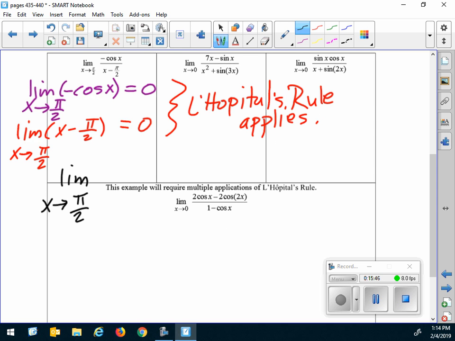Let's go. What's the derivative of that numerator? Positive sine x divided by 1. Sine of pi over 2 is 0. 0 divided by 1 is 0.